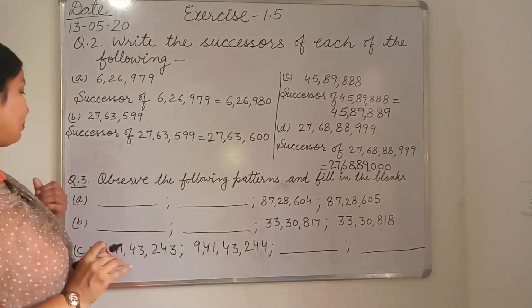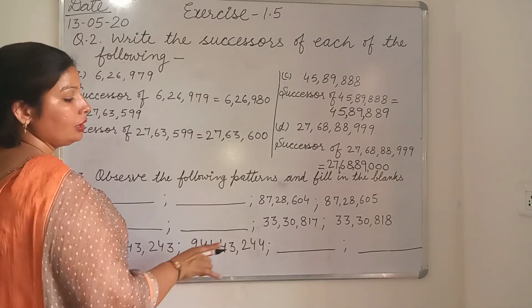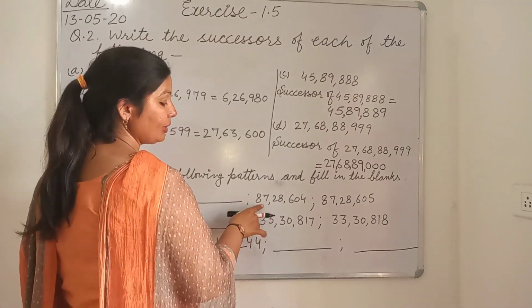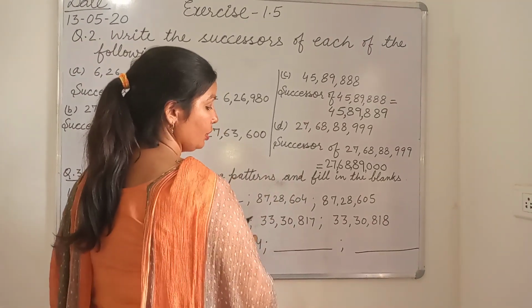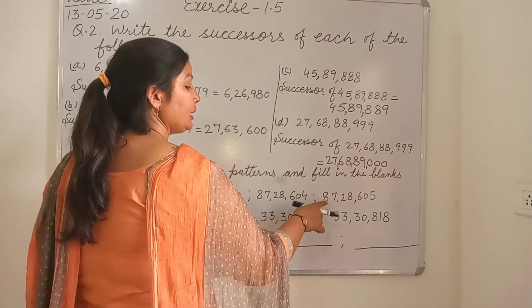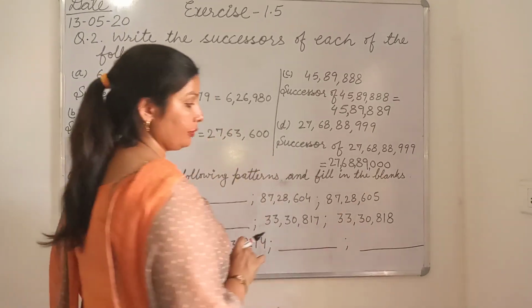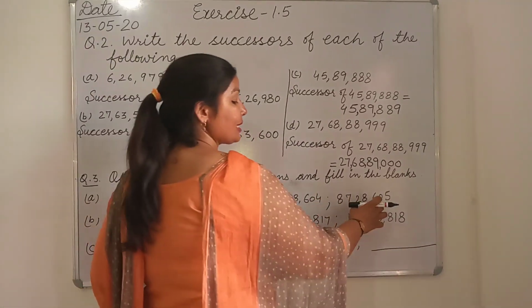Okay? Now A part. There is a blank, then again a blank, then there is a given number. What number is given here? 87,28,604. Then after that, 87,28,605. Okay? So what's the difference between these two numbers? What relation is there?